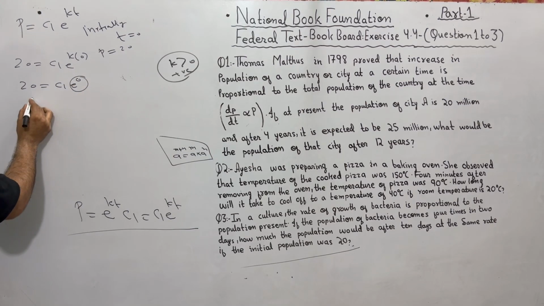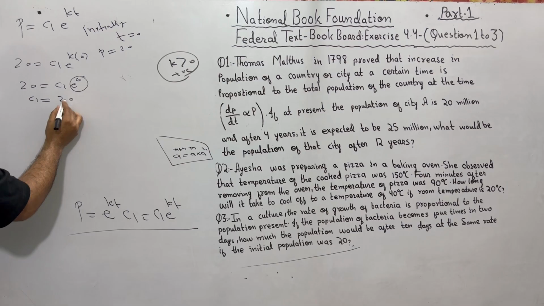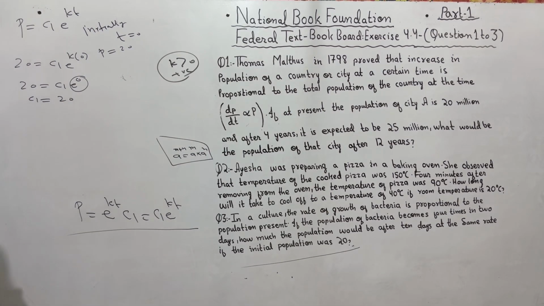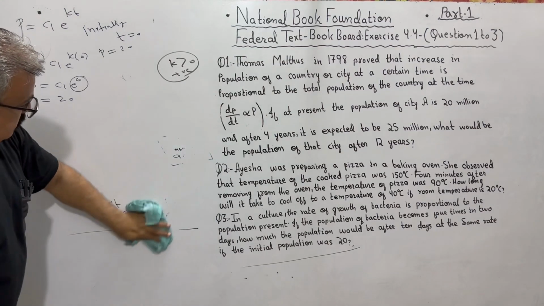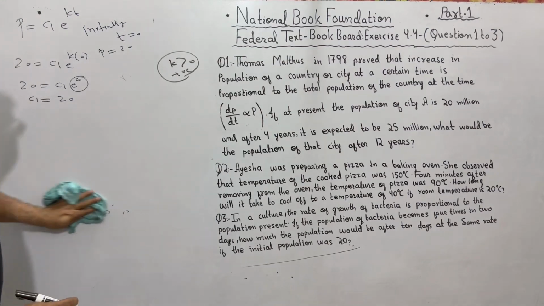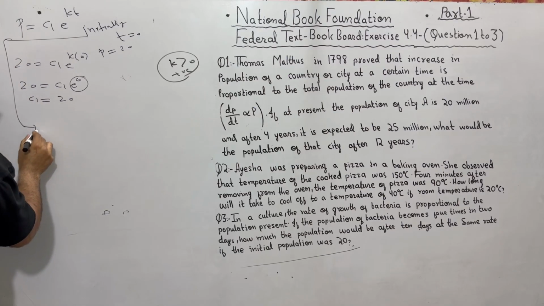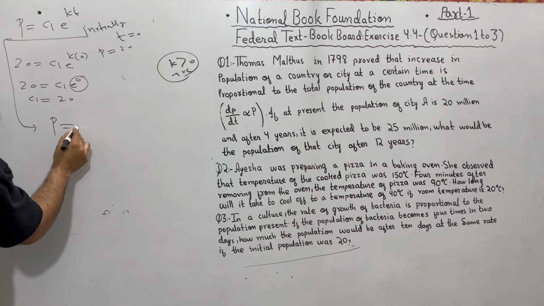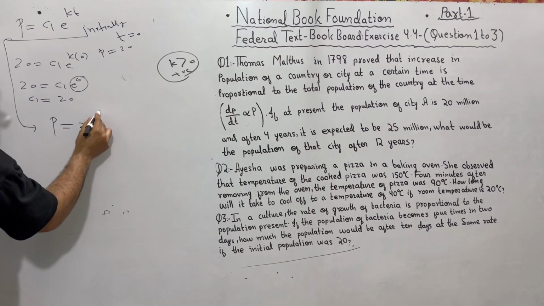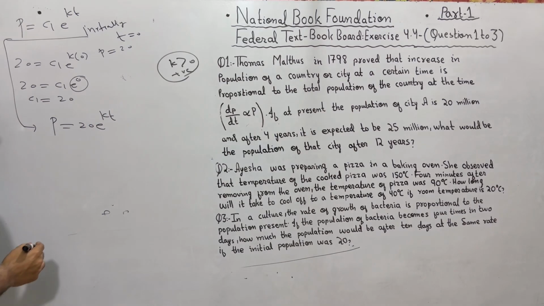It's 1. So value of c1 is 20. Plug in here. We have p is equal to 20 e raised kt.